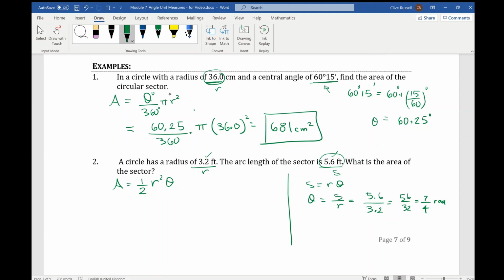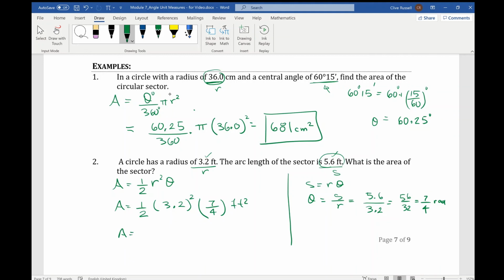So we go back here and say that the area is half. We know that the radius is 3.2, so r squared, and then we multiply by theta, which we just figured to be 7 over 4 radians. Now this has to be in feet squared, our final answer.